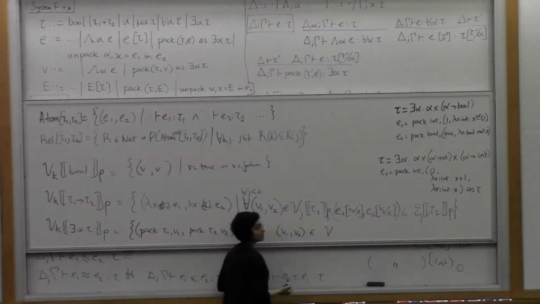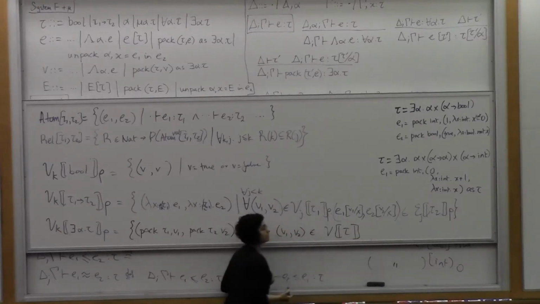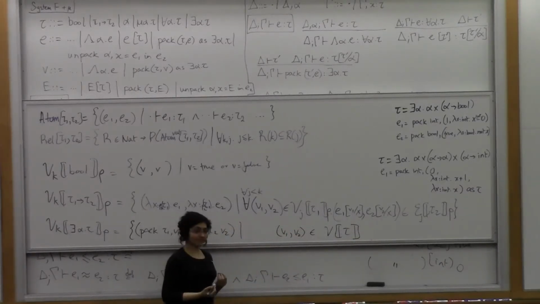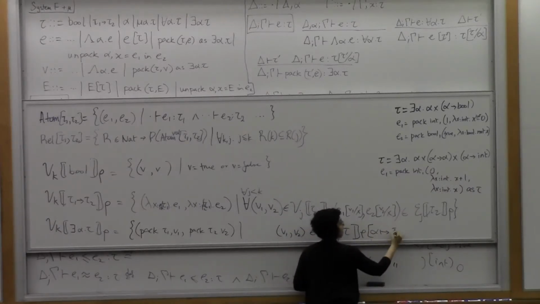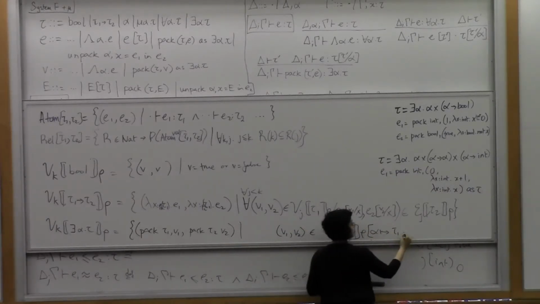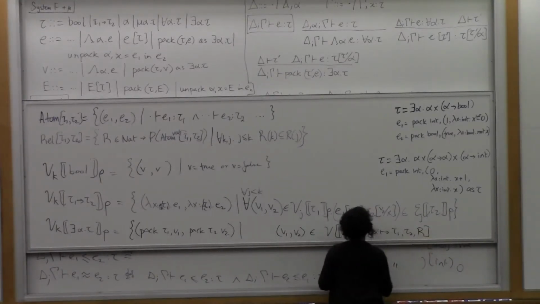And these are just values, so we don't need to appeal to the expression relation. We want to say that they're related at the type tau with rho extended with a mapping from alpha to tau1 for the first side, tau2 for the second side, and now we need a relation R.